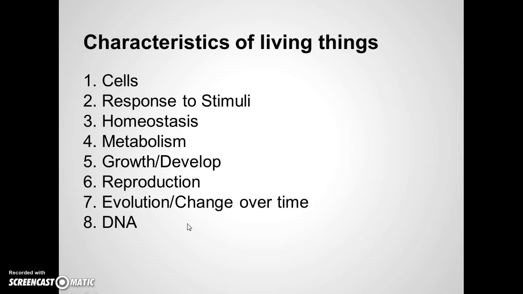Everything alive goes through evolution, and we'll talk about that in its own segment, but that is simply change over time. So thinking natural selection over the course of many generations, you can actually see the evolution over time.